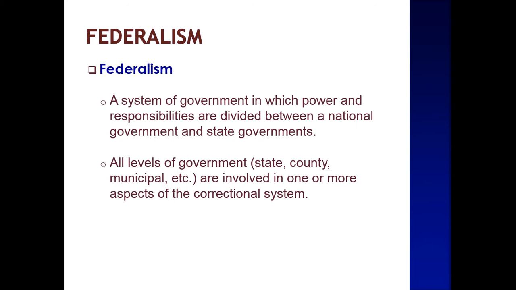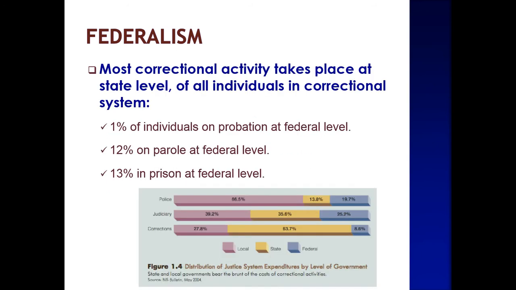They fall under the Department of Justice. And basically they only incarcerate prisoners who violate federal law and have been found guilty of violating a federal law. Whereas in the state system, you're found guilty of violating an offense within that state. Hopefully that makes sense to you. And this is absolutely true: most correctional activity takes place at the state level.